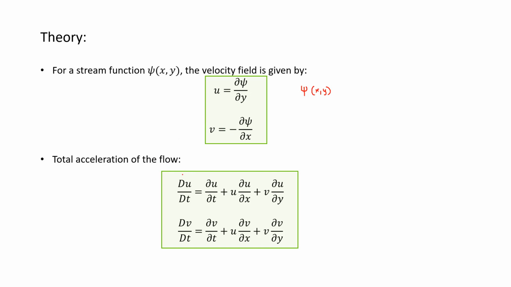Also, we need to know the total acceleration of the flow, and here we have the two components. This is the x component of acceleration, and this one is the y component of acceleration. These are two vectors, and this is given by the local acceleration or the temporal acceleration.